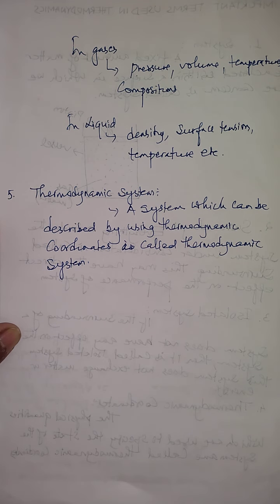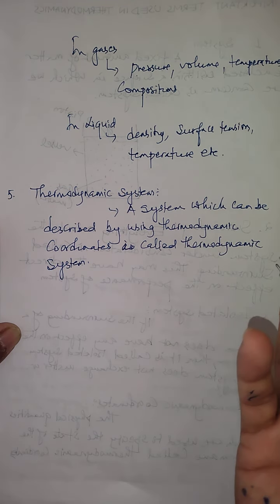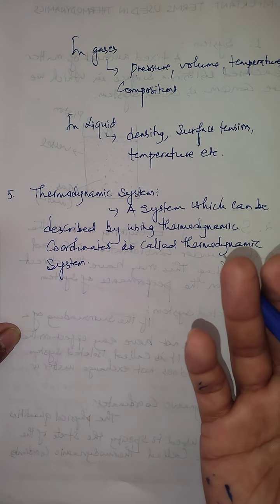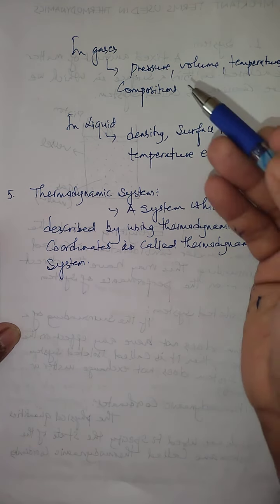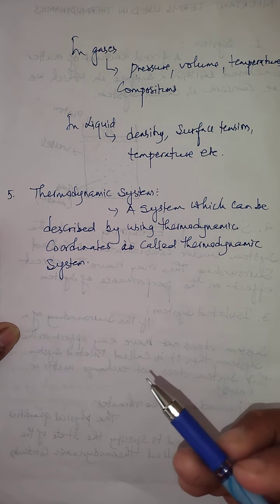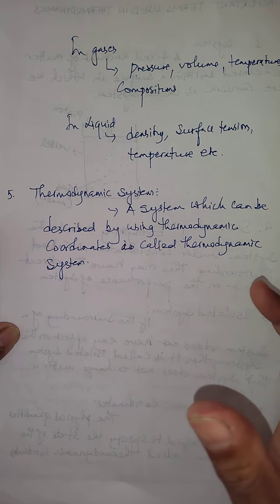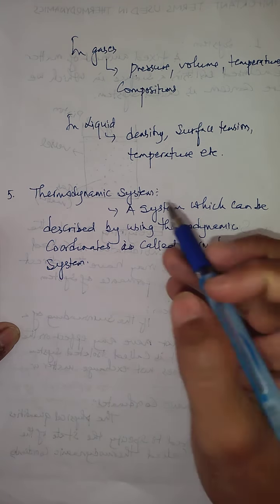Now a thermodynamic system can be expressed by the coordinates, and we have learned already about pressure, volume, temperature, density, for liquid as well as gas, and surface tension. These are all the coordinates which are called thermodynamic coordinates, and these thermodynamic coordinates specify or describe the system, and that system is called a thermodynamic system.